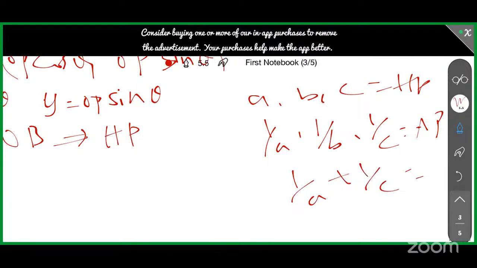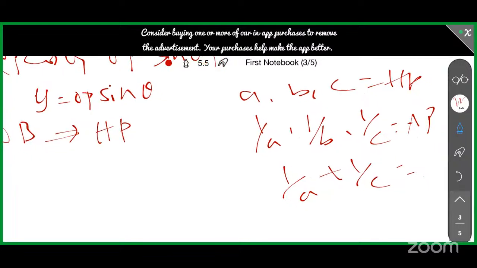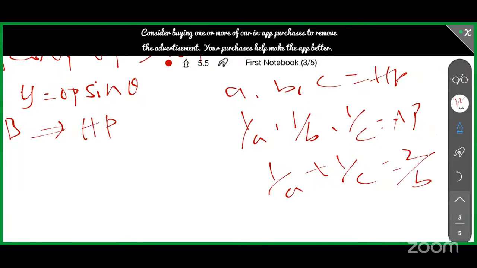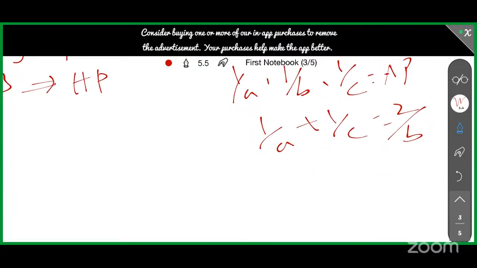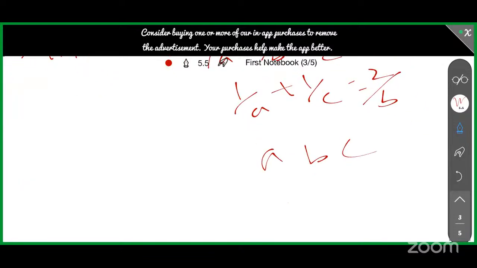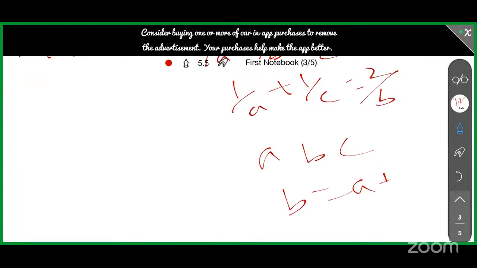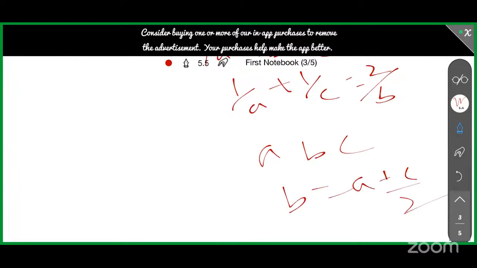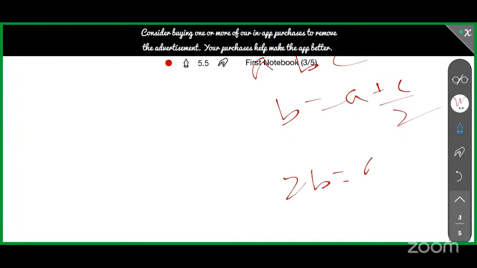Is it 1 by 2B or 2 by B? It is 2 by B. That is how they are using the concept of arithmetic mean. If A, B, C are in AP, then B is equal to (A plus C) by 2. Therefore, 2B is equal to A plus C. Remember this relation.